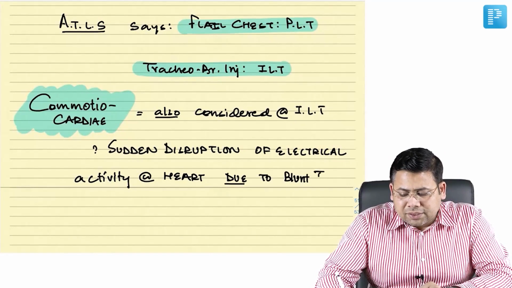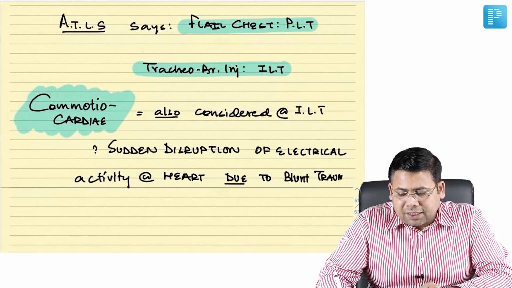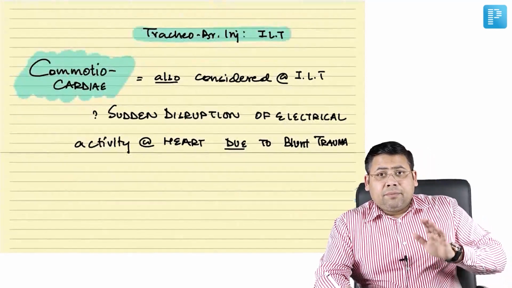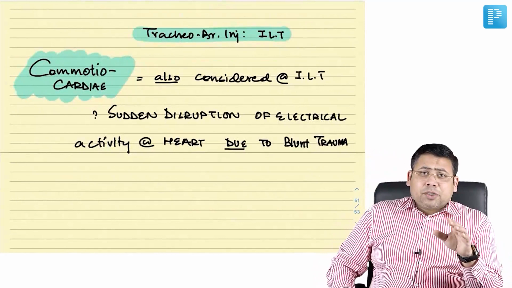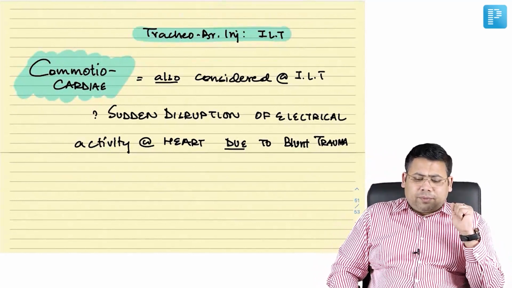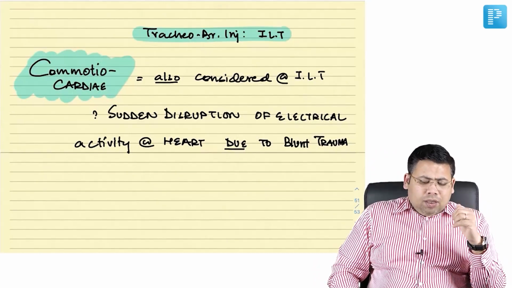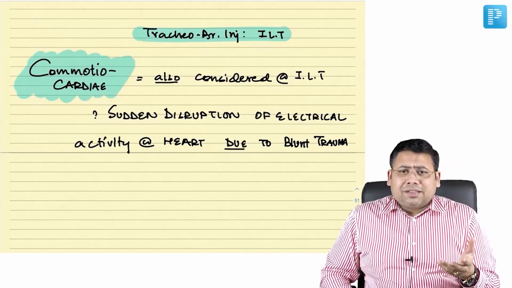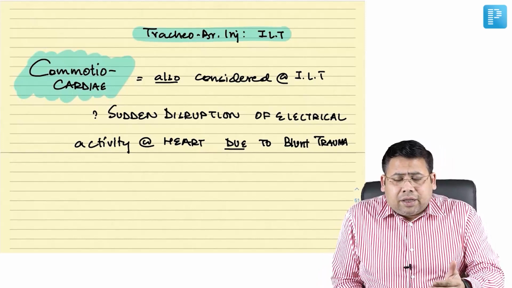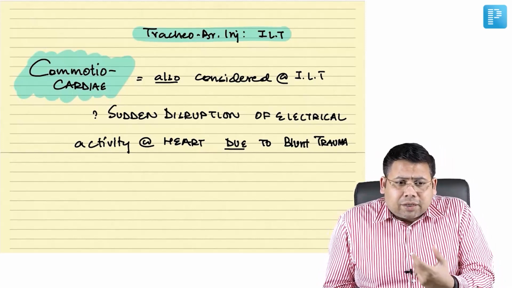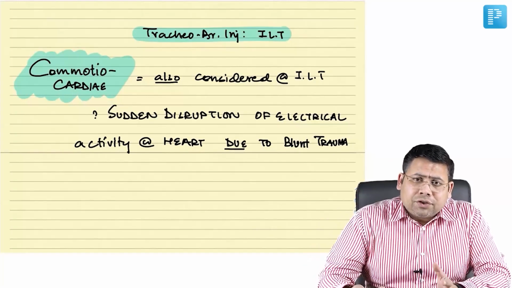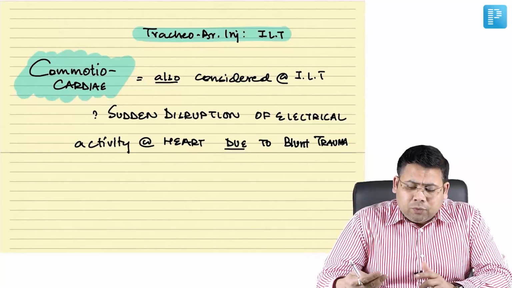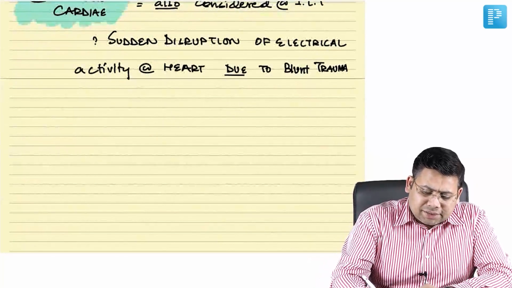You know what happens in it? Why this happens? This happens because there is damage to the Purkinje fibers or the nerve fibers which are going to relay this. Now let us come back to the point. Let us see why tracheobronchial injury is considered as ILT, that is immediately life threatening by US convention, and why it is PLT by UK convention. Let us see this.